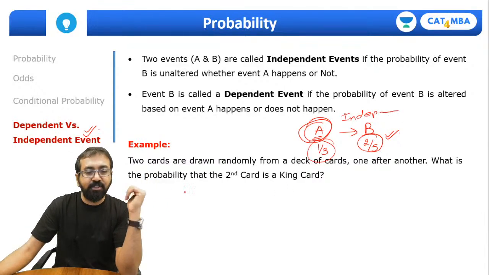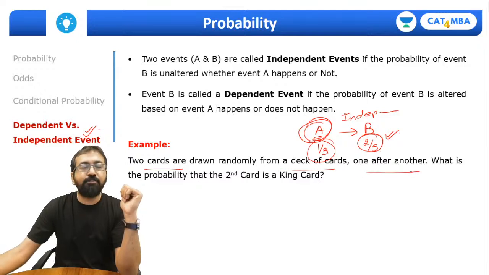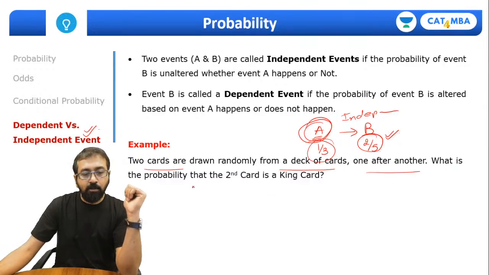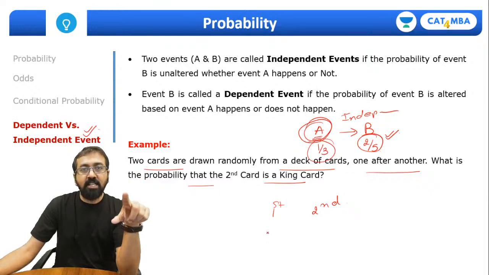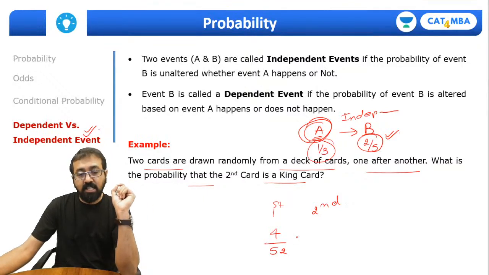Okay, but let's take a different example. Two cards are drawn randomly from a deck of cards, one after another. What is the probability that the second card is a king? Now see, I am picking the first card, then the second card. What is the probability of the first card being a king? 4/52. And if the first card is a king, how many king cards are left? 3. How many total cards are left? 51.